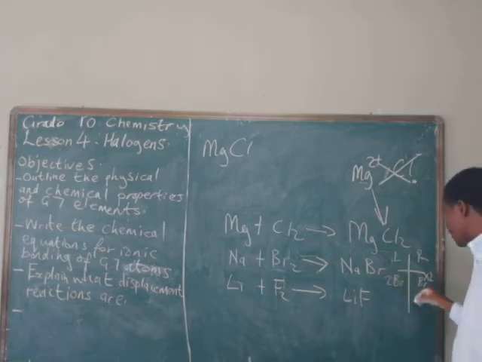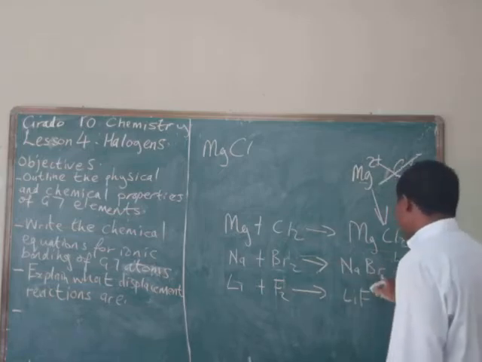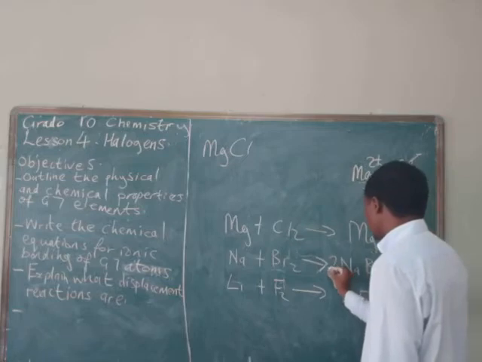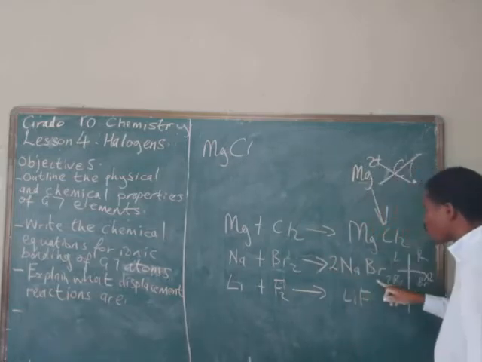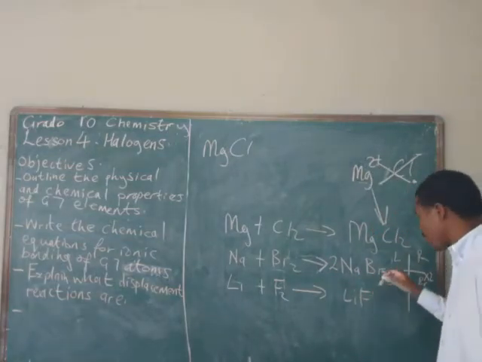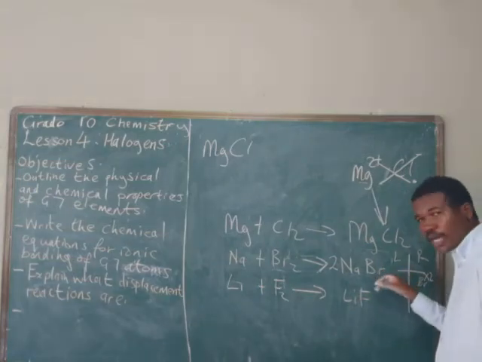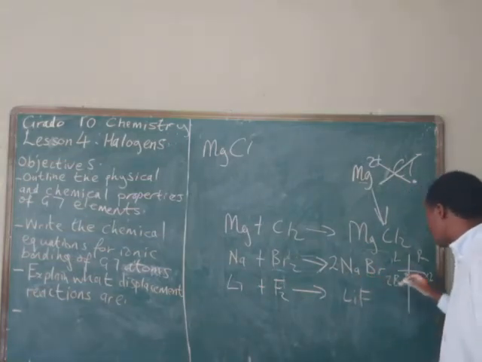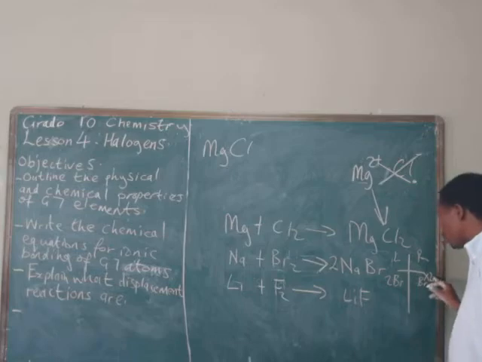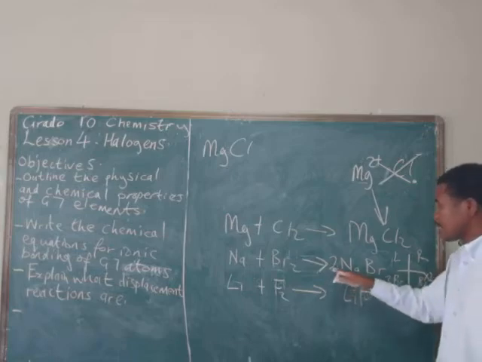Because we have said times 2, we put the 2 at the back, because our product will always be NaBr. It won't be NaBr2 or NaBr3 or NaBr4, it has to be NaBr. So the place where we can put this 2, so that these 2 bromines can balance the 2 bromines here, is this side.